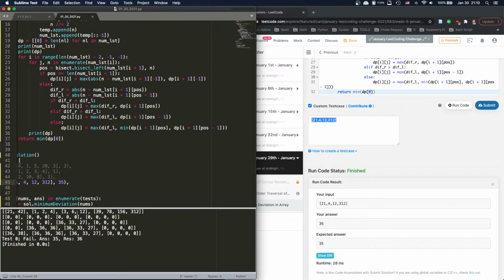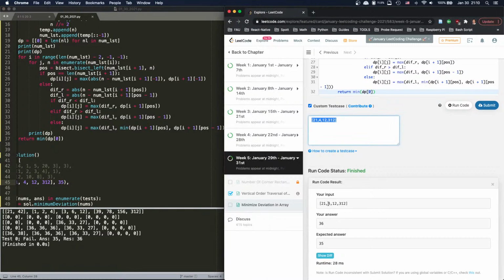I won't go to 6. But if I don't go to 6, I cannot get it. Yeah, the minimum is actually, I can remove 21. 21 doesn't really matter. This is the minimum.